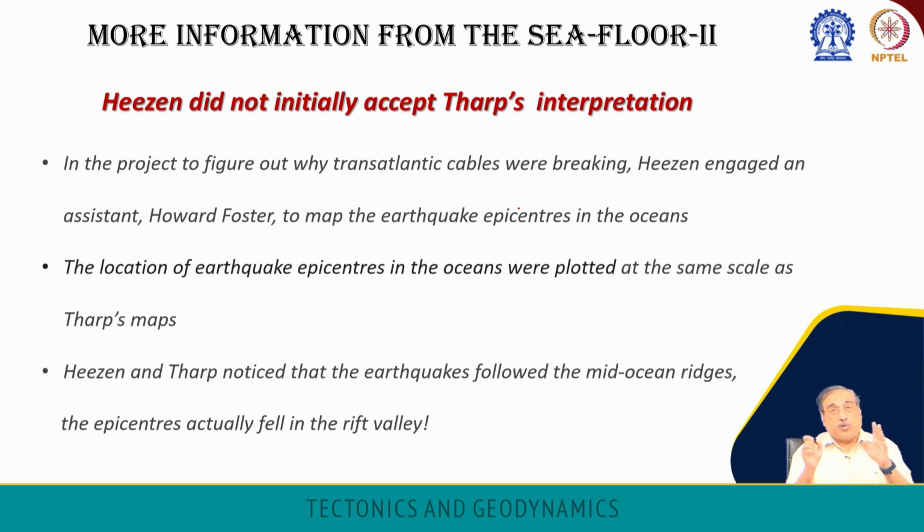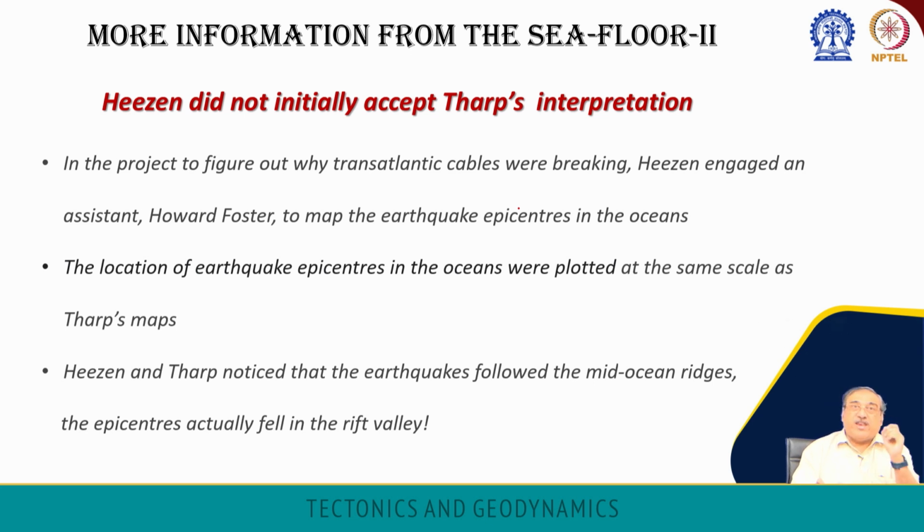Now, his task was to plot them exactly on the same scale as Tharp's maps, because Tharp's maps were brilliant maps in terms of the ocean floor topography. They were absolutely brilliant. Heezen realized what a great job Tharp had done, and so independently he asked Foster to plot the location of these earthquakes precisely where they were on the ocean floor, where the epicenters were.